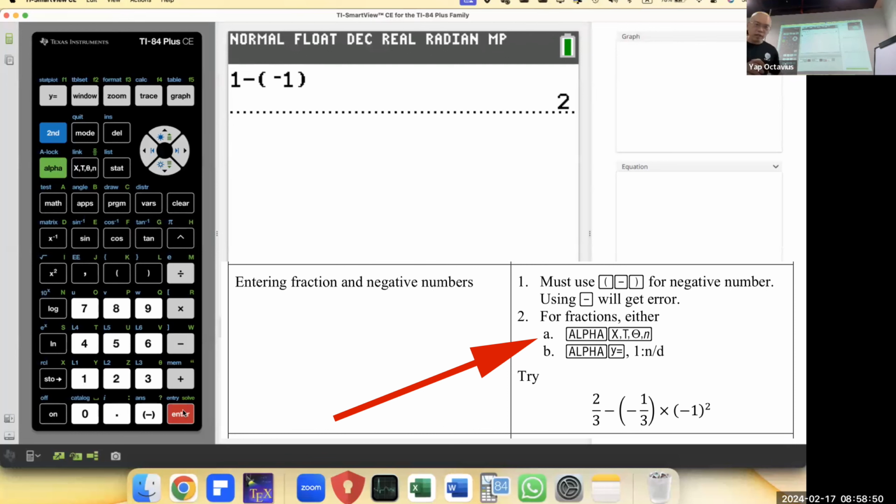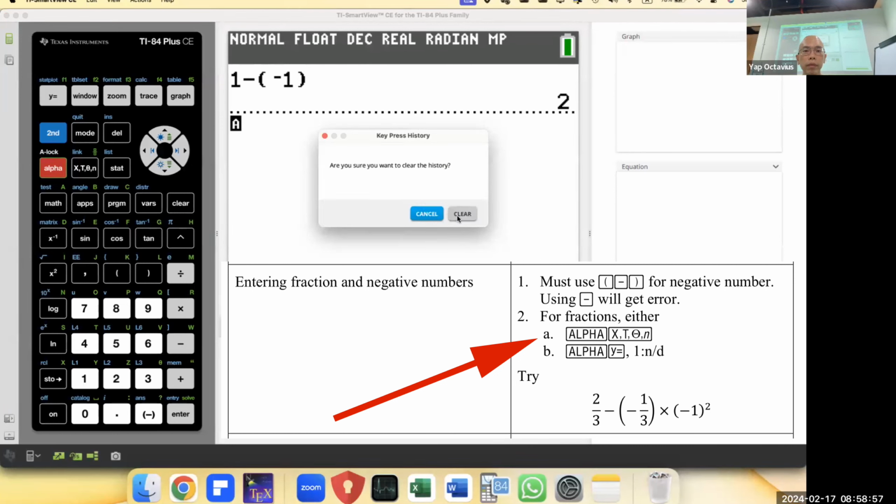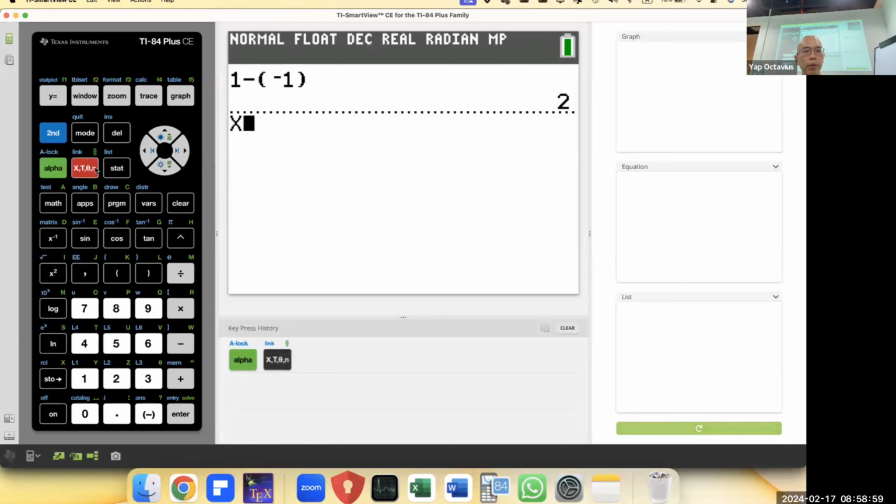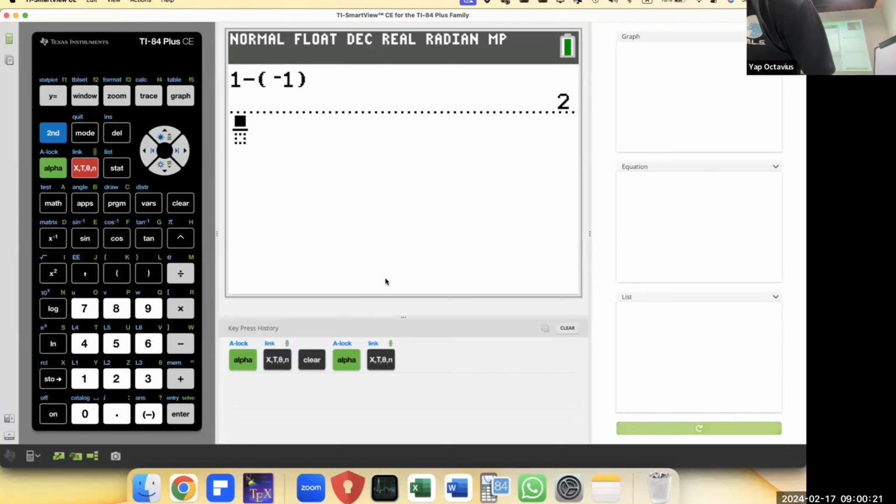Sorry, let me clear the keystroke. Press alpha, press this. Clear. Then the fraction appears. So that's the fraction portion. Yes, the answer is 1.